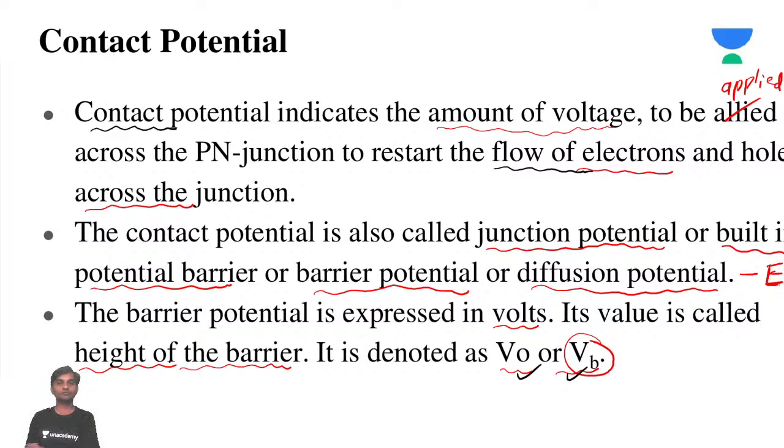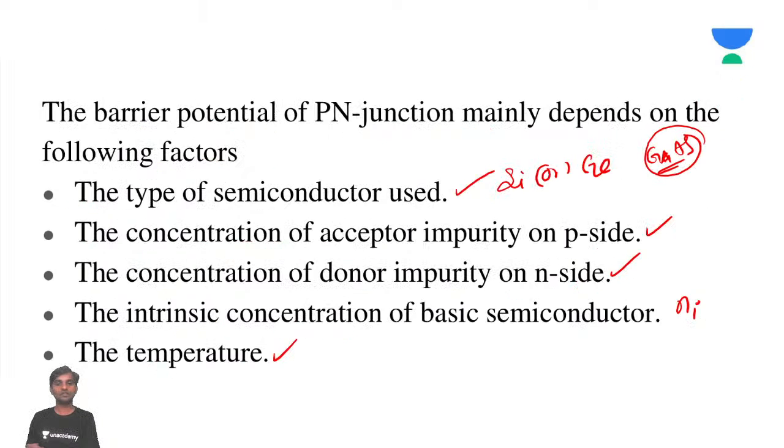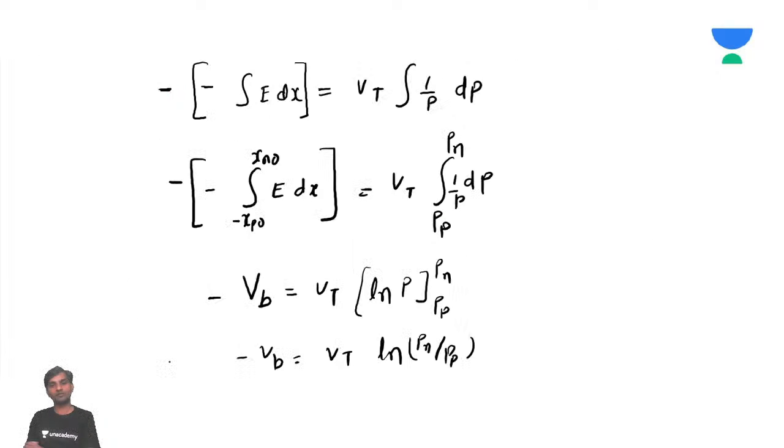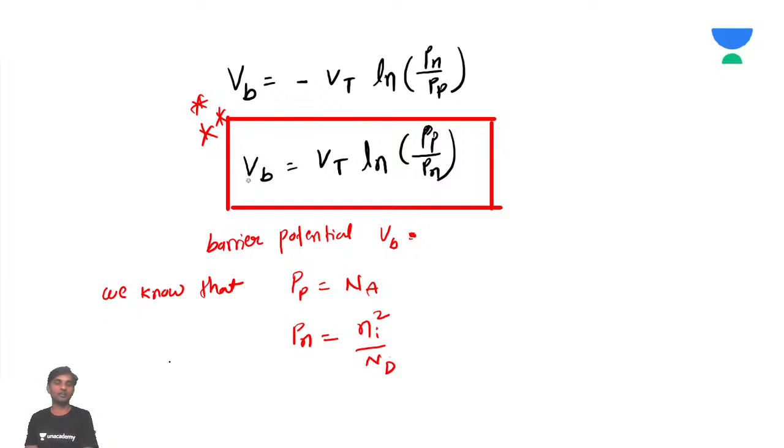So how to calculate it? We will take that later. We have calculated for holes, and we have discussed in detail how to get it. So VB is going to be the barrier potential. VB is equal to VT into ln of PP by PN.